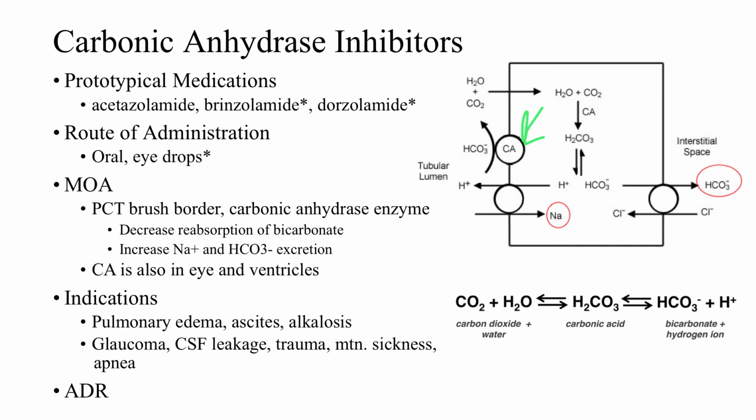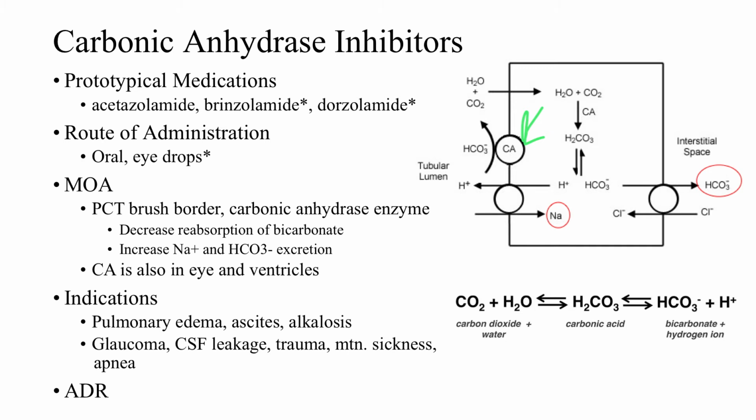There are two exchangers located on this cell. There's a hydrogen sodium exchanger on the luminal side, and then you see we have a bicarbonate chloride exchanger on the basolateral side. So in red, I have circled our sodium and our bicarbonate. The way that this system would normally work is that while carbonic anhydrase is putting these things together and taking them apart, what we are doing is converting substances to eventually get sodium and bicarbonate moving back and reabsorbed into the bloodstream.